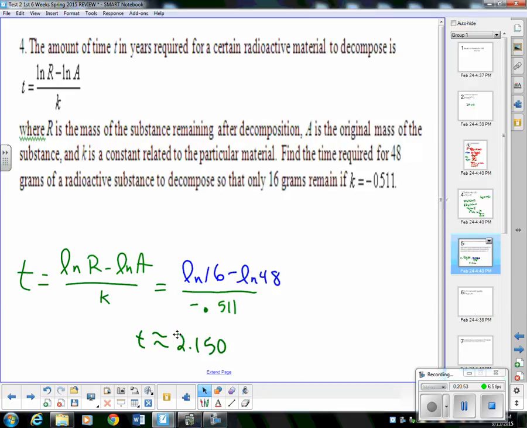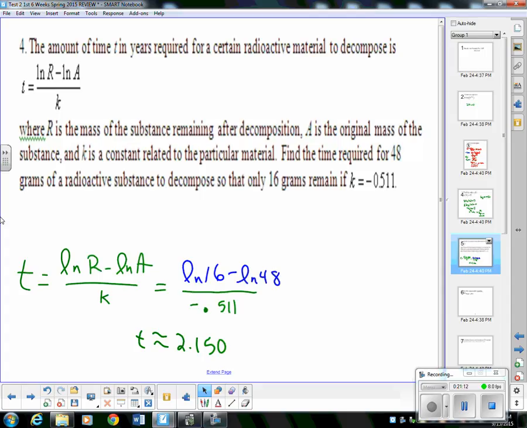All right, so it says find the time. Well, in a multiple choice situation, you shouldn't have to worry about this, but in units, it tells you the time is years. So it takes 2.15 years to decompose here.